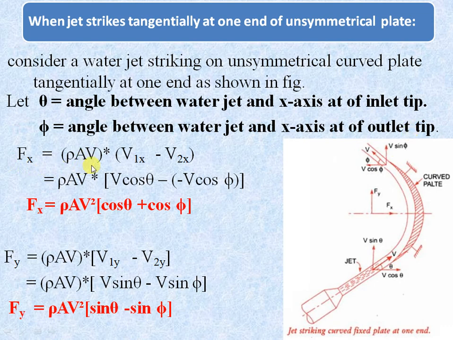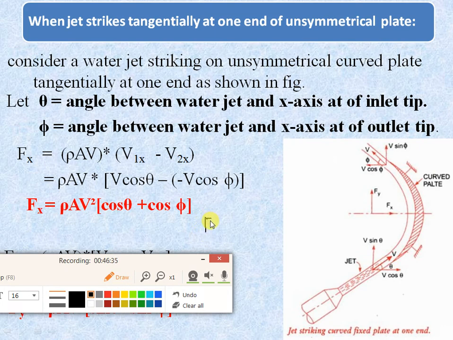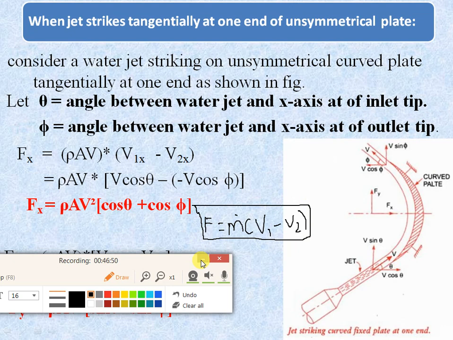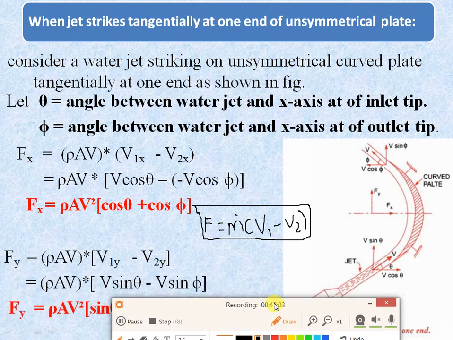Now in this case, again our basic equation, remember this equation, that is F is equal to m dot into v1 minus v2. So if you know this equation, you can derive the equation for any case, whether fixed or moving. Again in this case, the m dot quantity is rho into q, the 100% water striking on the blade, correct?